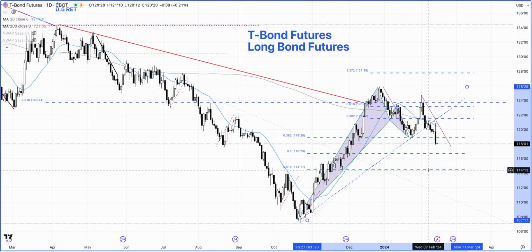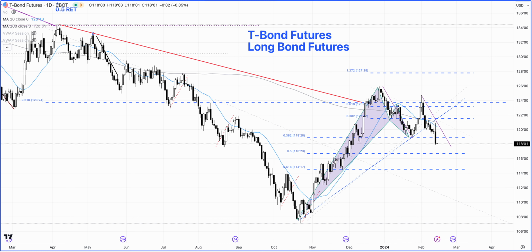And of course, the 61.8% Fibonacci retracement goes as low as 114 and 17 32nds. Not entirely sure whether we'll get to this point, but 117.19 followed by 116.23. Looks like with this kind of bearish move, the market actually might be moving there.